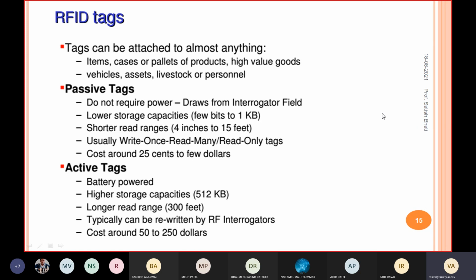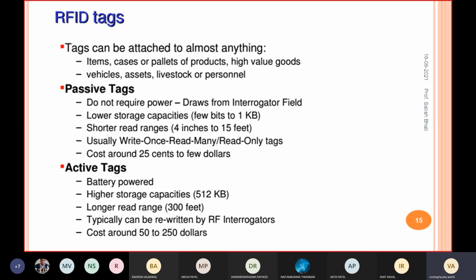As it has its own power, these active tags have a longer range, right? So that range is about 300 feet. So you can see it's about 20 times more than the passive tag.